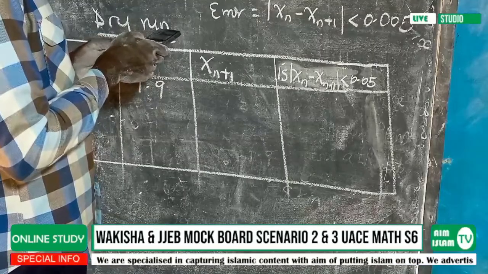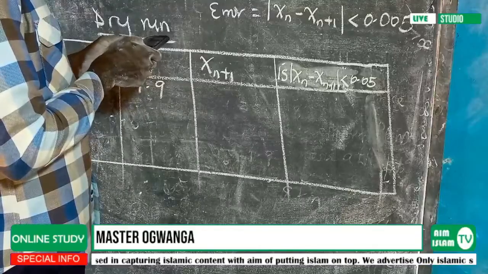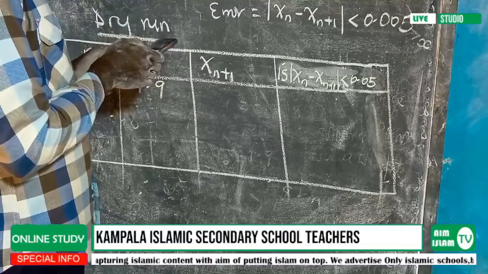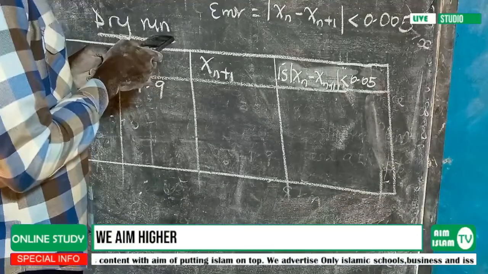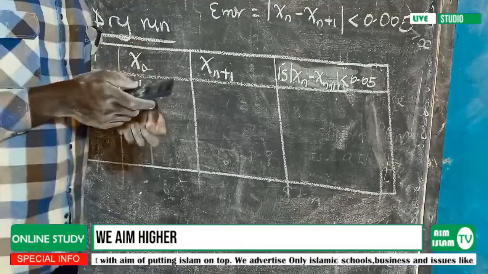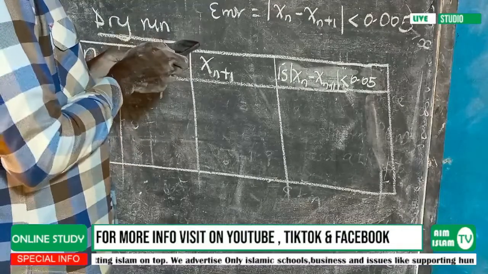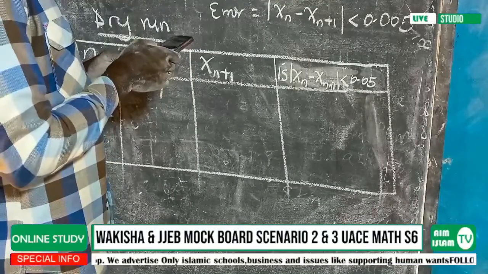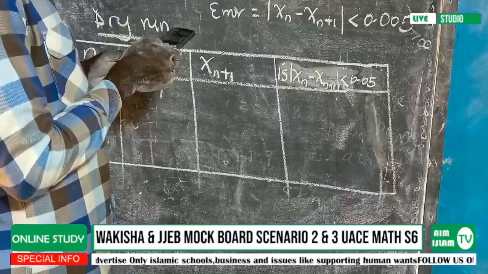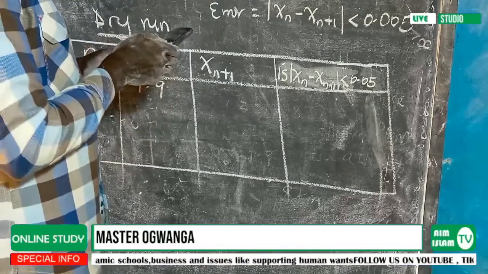Open the bracket, negative exponential of 1.9 cos of 1.9 plus the exponential of 1.9 cos 1.9.